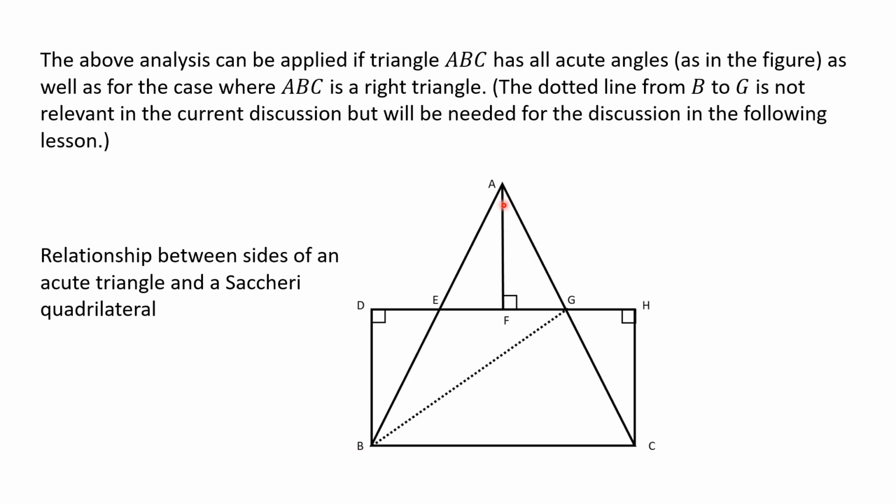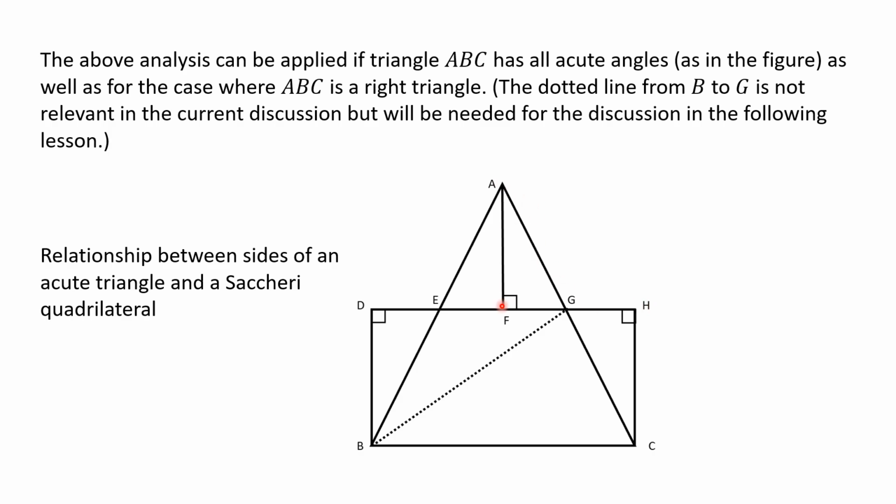And then we can show that this triangle AFG is congruent to GHC, again by angle-angle-side. And then we have that AF is equal to CH.